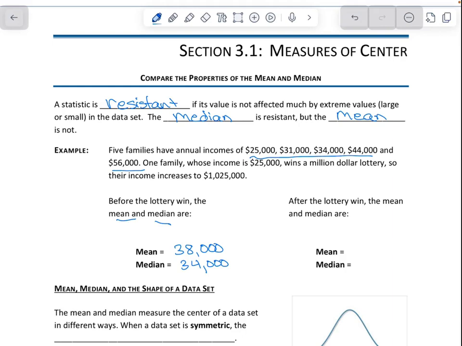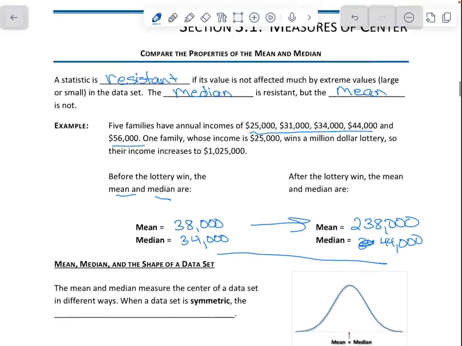Now the mean is $238,000. The median would move up because 25,000 is now the high one. The median will be 44,000. But notice there's not that much of a change in the median, but the mean changes a lot.